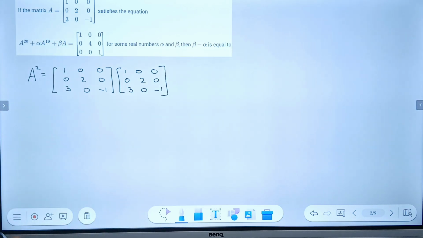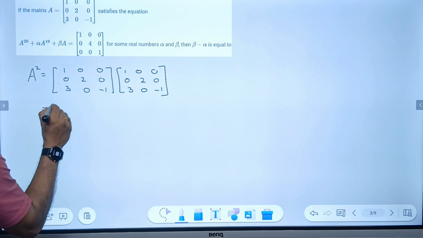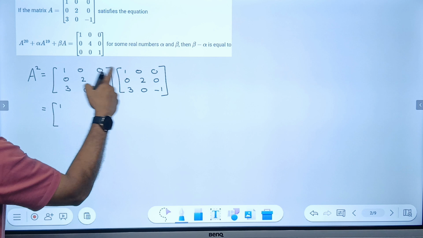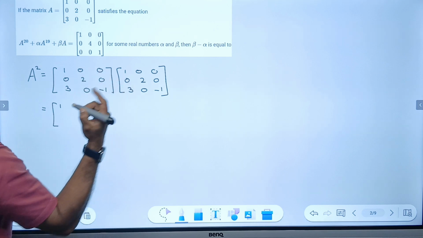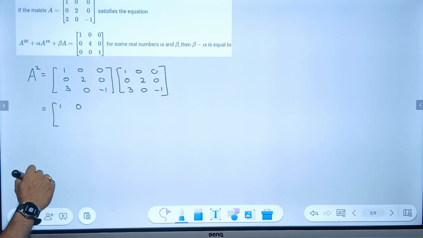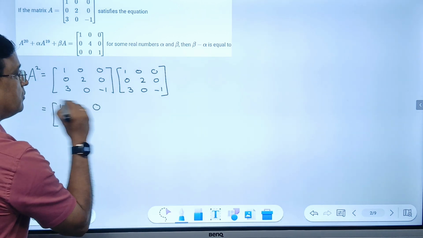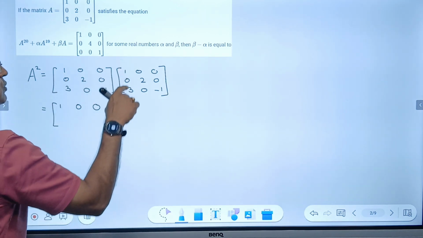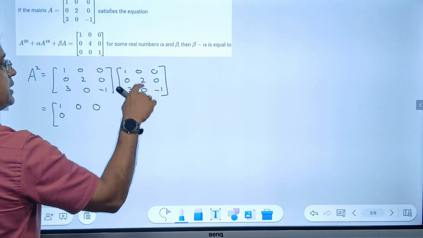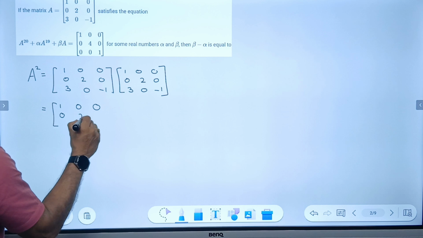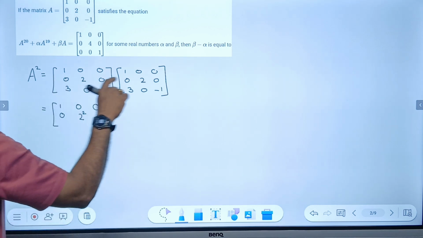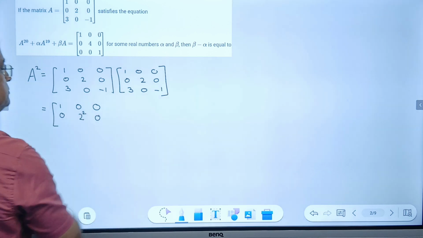First row, first column, what exactly do you get? 1 into 1, 0 into 0, 3 into 0, you get 1. Then again this will be 0, then again it is 0. Second row, first column, you get 0. Second row, second column, I think it is 2 square. Okay, it's 4, but I'll write it as 2 square. Second row, third column will be 0.